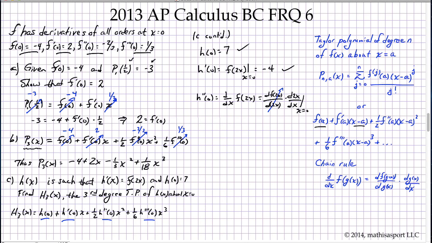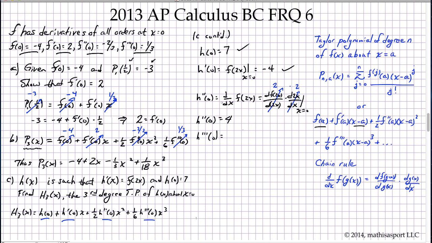Well, we know that it equals 2 when x is 0. So that's that. This derivative is just another 2. So what we have is that h double prime of 0 equals 4.